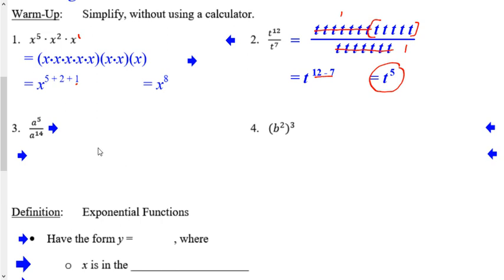Question number 3, again, we're dividing powers, so I'm going to use that rule where when I divide powers, I can subtract the exponents. So I had an exponent of 5 in the numerator. I subtract the exponent in the denominator to give me an exponent of negative 9. Now, often we don't want to leave our answers with negative exponents. Sometimes it's not a big deal, but often we want to make it positive.